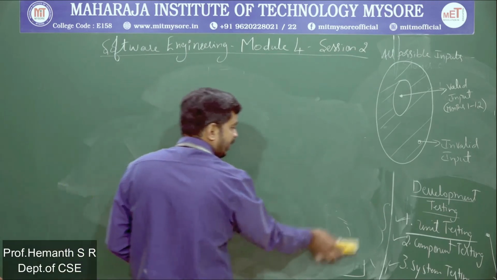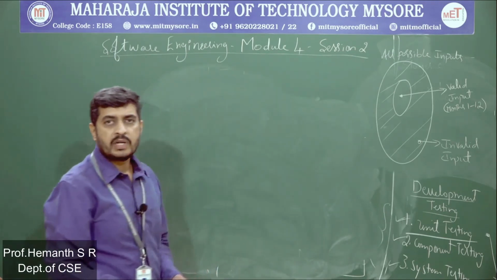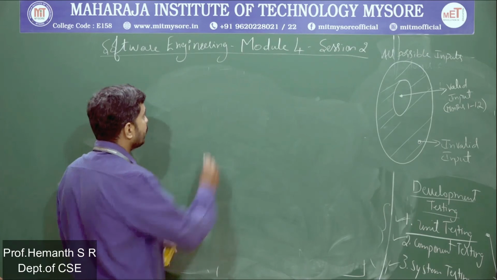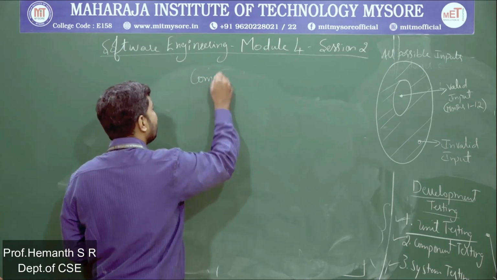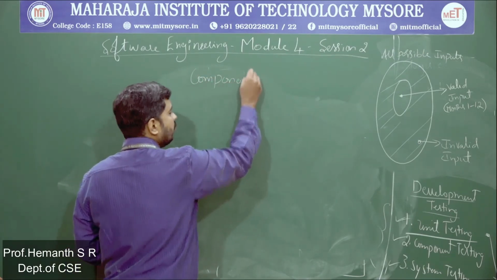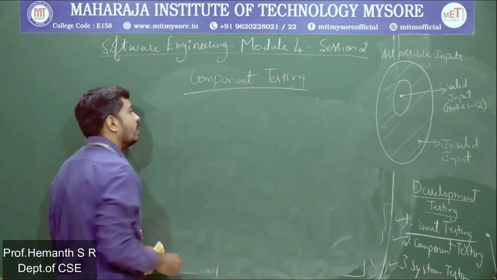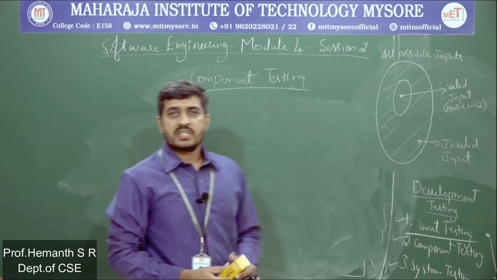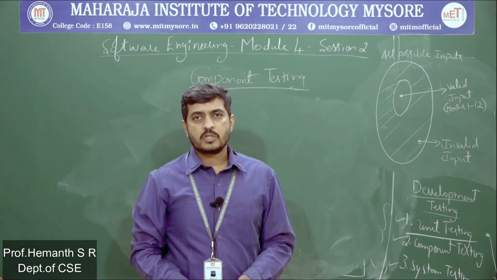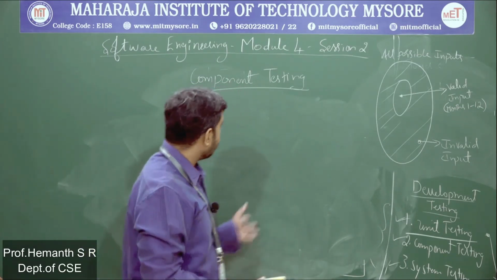So the next type of development testing is component testing. We will see what component testing is. The previous discussion was related to units, the smallest part. What is a component?